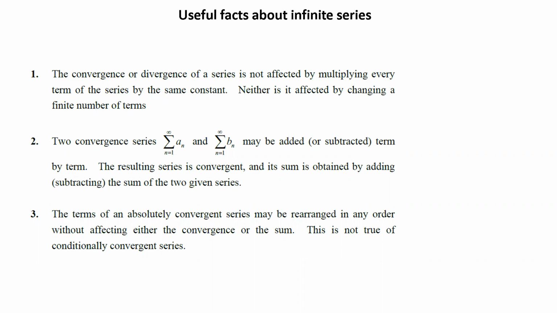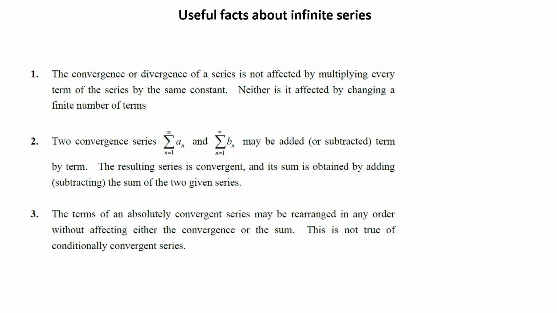However, and it's still a convergent series with the same sum. However, if the series itself is just a conditionally convergent series, and you try to rearrange the terms, the sum that you get will be affected. What does it really mean?